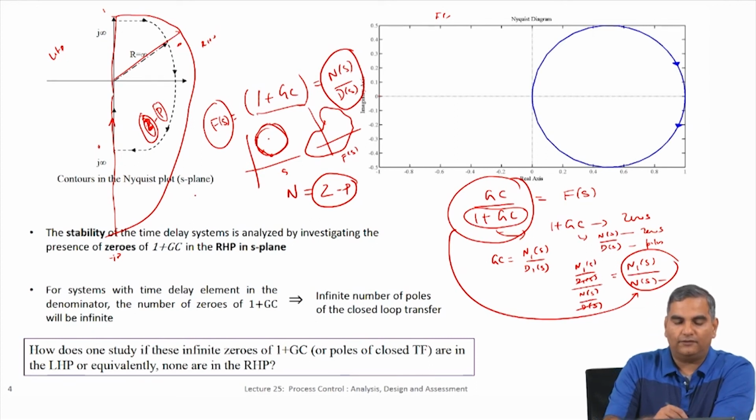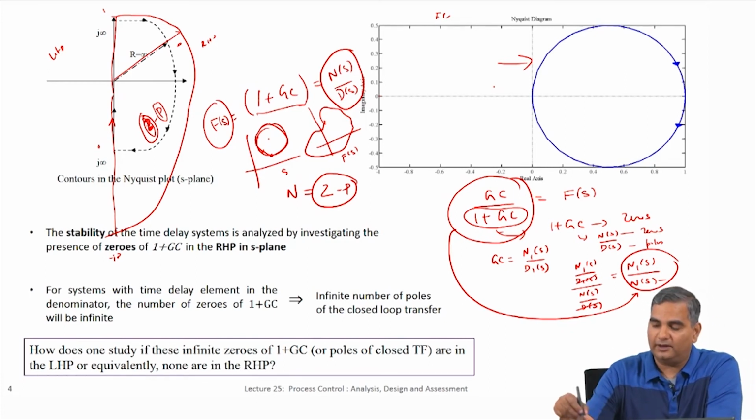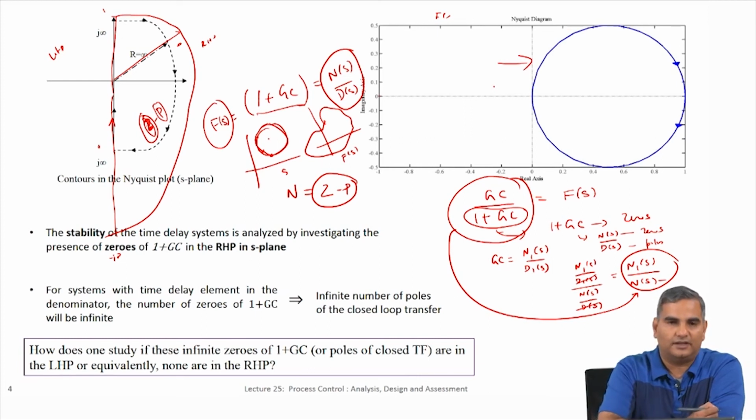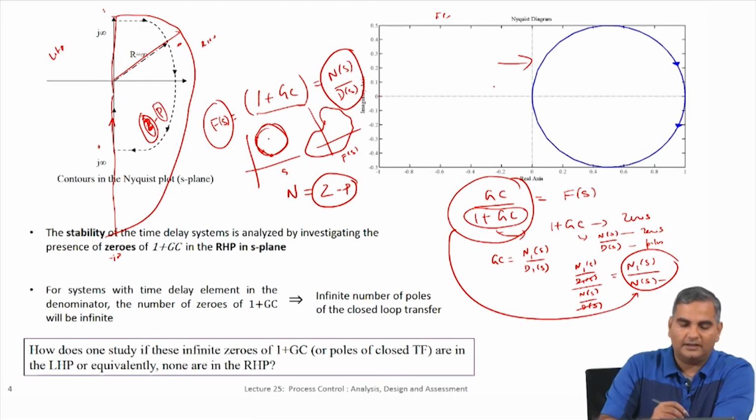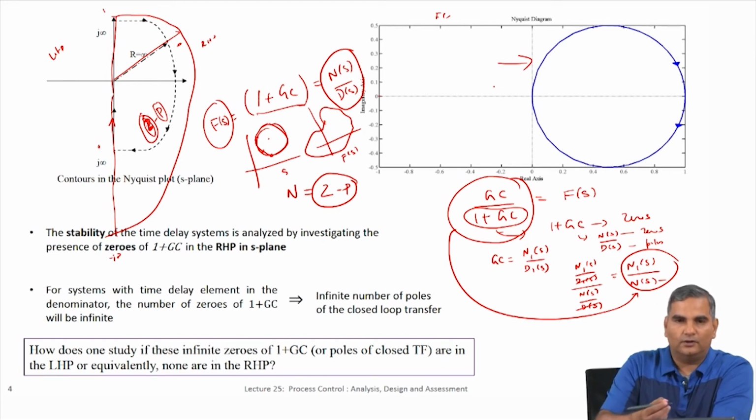So if I can plot this, then by looking at just that plot, whatever it might look like, I can tell you the value of Z minus P. That is simply given by looking at the encirclements of the origin. If it encircles the origin once in the clockwise direction, then Z minus P is 1. If it encircles the origin once in the anti-clockwise direction, Z minus P is minus 1, and so on. That is how this notion of the Nyquist diagram, the Nyquist plot, is converted into a control idea.